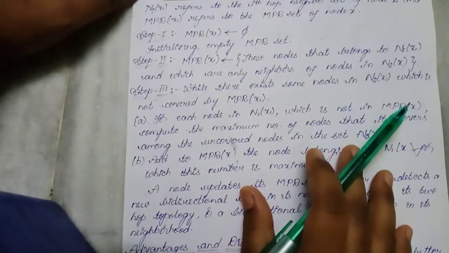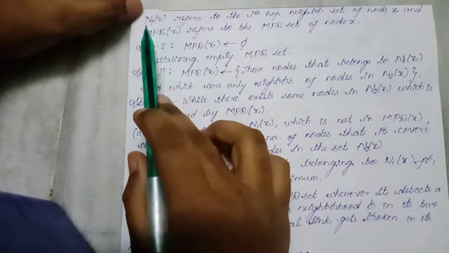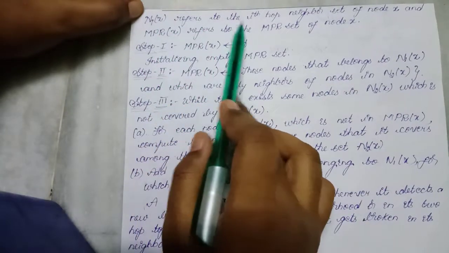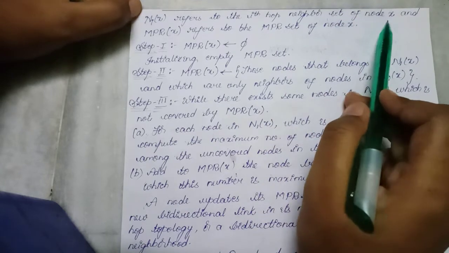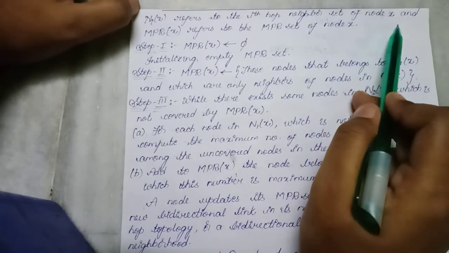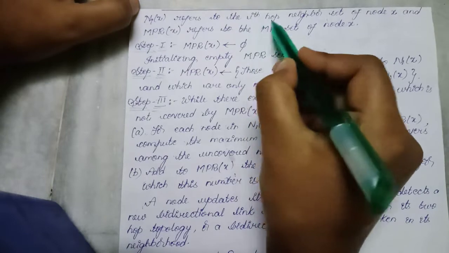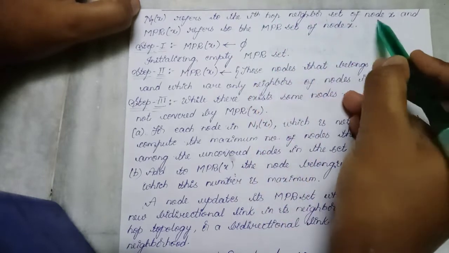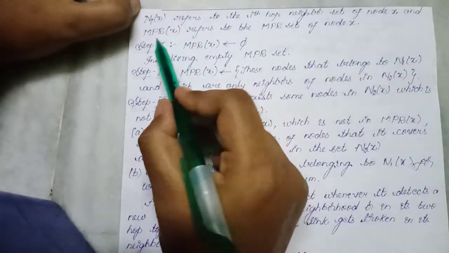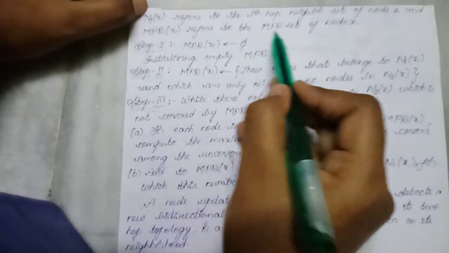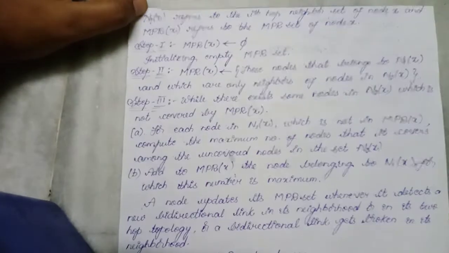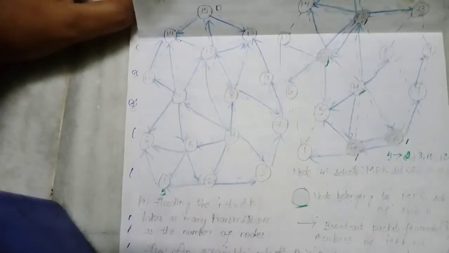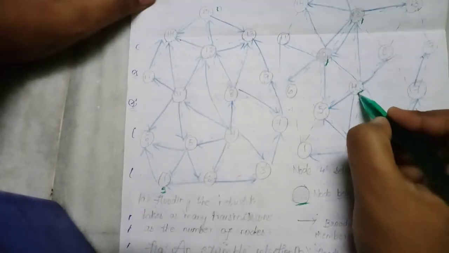Let us consider: Ni of x refers to the ith hop neighbor set of node x. As I have already told you, this is the 2-hop neighbor set. And MPR of x refers to the MPR set of node x. See, in the example, let us consider this is node 4.